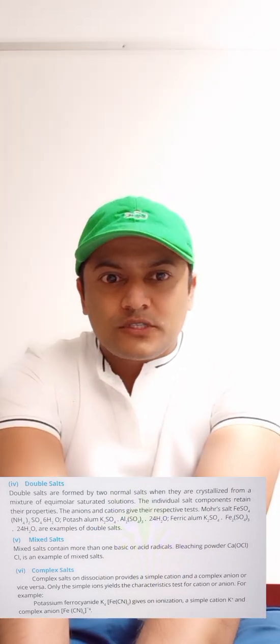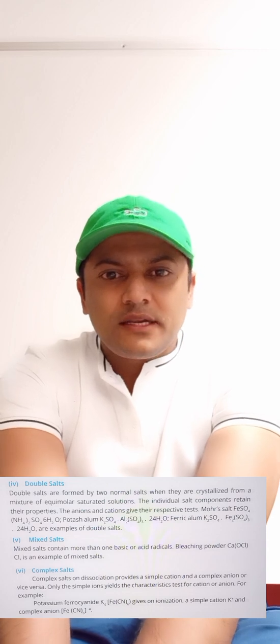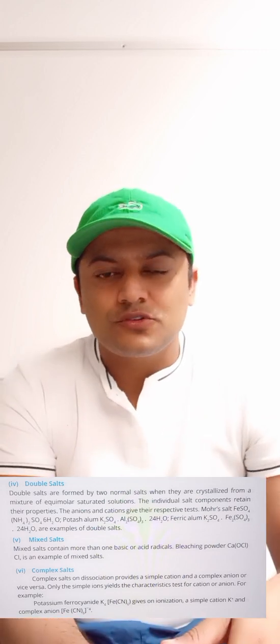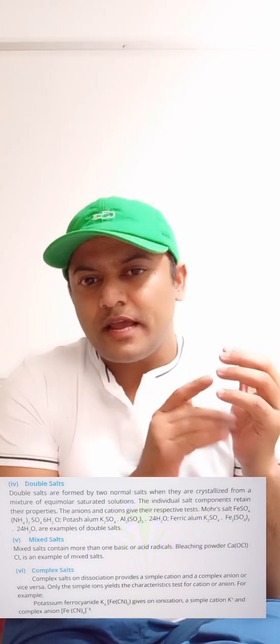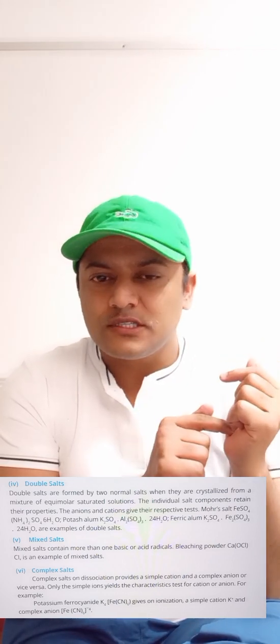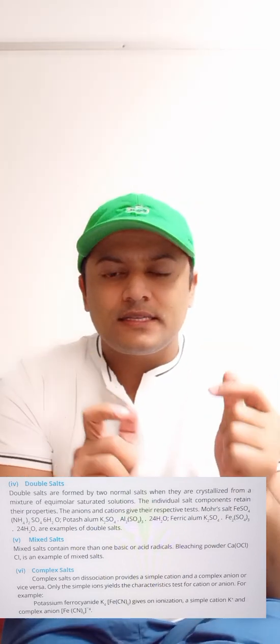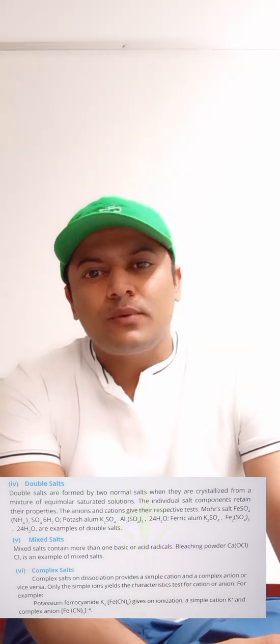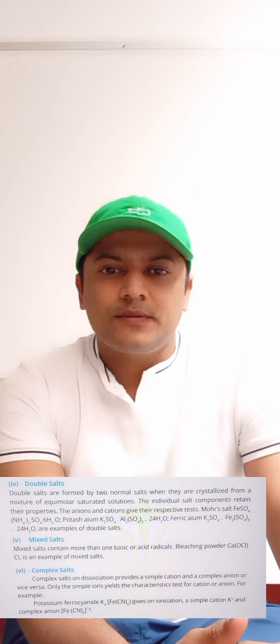About the fifth type of salts, that is called mixed salts. As the name indicates, the mixed salts should have more than one positive or more than one negative species. For instance, if we talk about bleaching powder, that is also called calcium oxychloride.